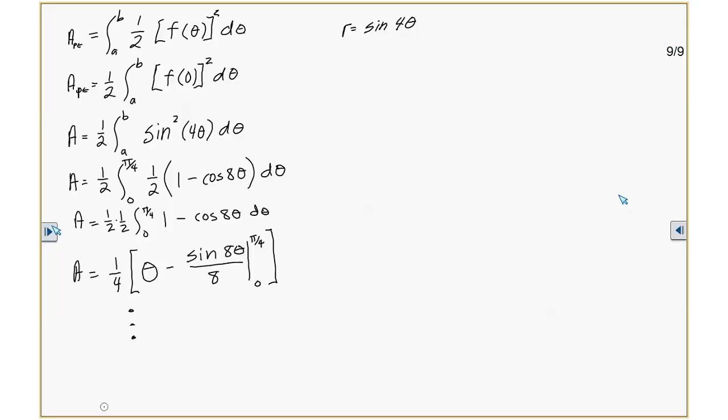You know how to do it. I got pi over 16, I think. Because you do pi over 4 and you times 1/4, which is pi over 16, I think.